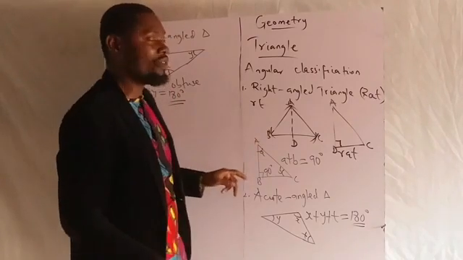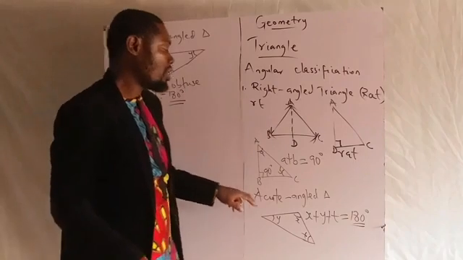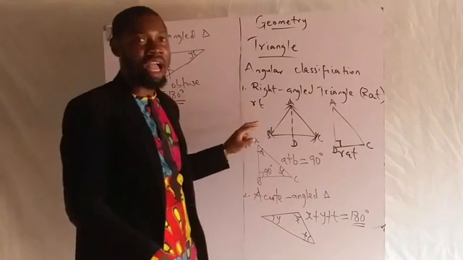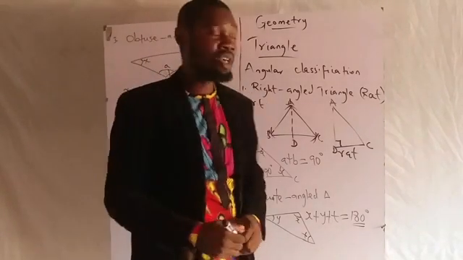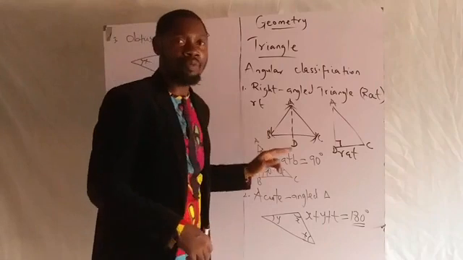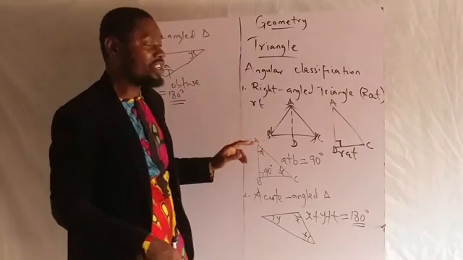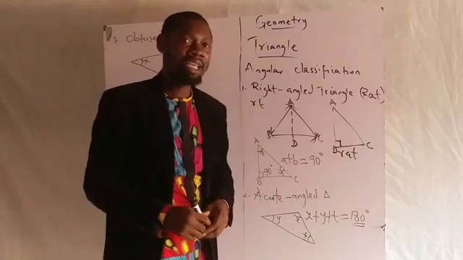And the sum of angles in the acute and the obtuse angle triangle is 180, while that of the right angle triangle is 90 degrees. If you understand these things better, it will help you solve algebra problems that have to do with angles or shapes of this type.